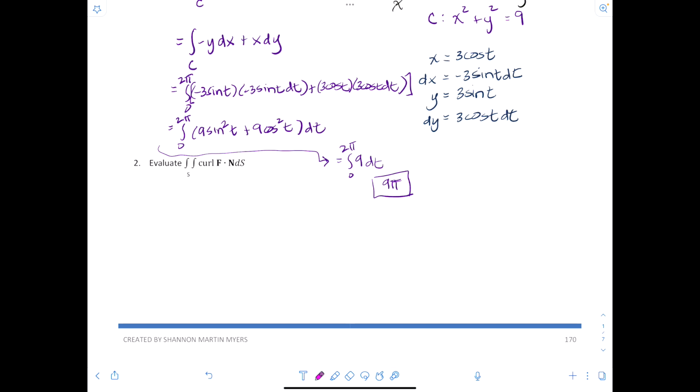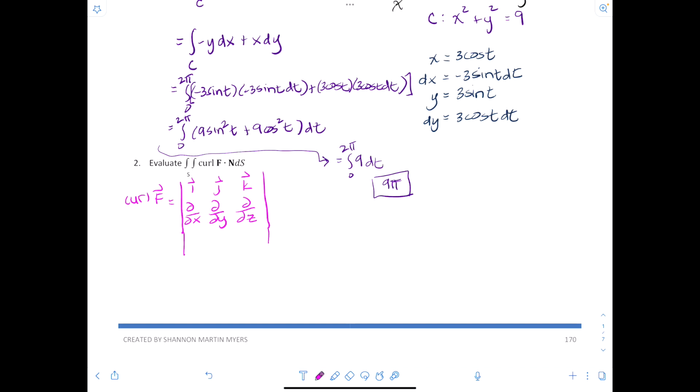So the curl of F is equal to the determinant, if you've got i, j, and k, then the first partial with respect to x, the first partial with respect to y, the first partial with respect to z, and then our vector field information here.